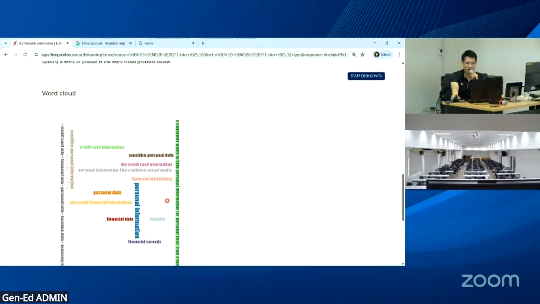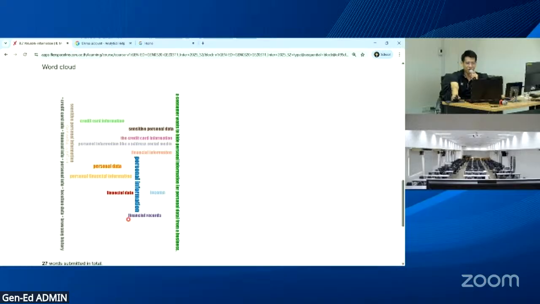And let's see what other students said. Okay, financial records, financial data are in the same category as the income. You don't want the business to put their hands on your financial data. Now, about your credit, how much is your debt? They don't want to disclose the information. Sensitive personal data, like your criminal history, something like that, credit card information, very sensitive.